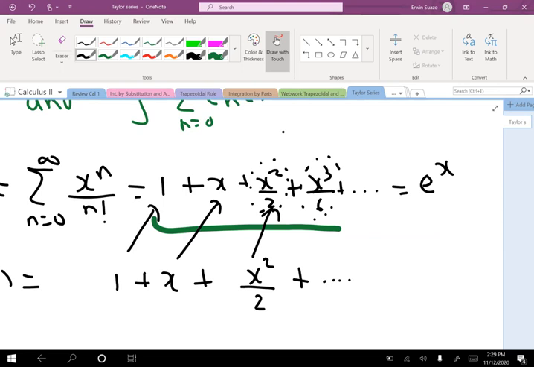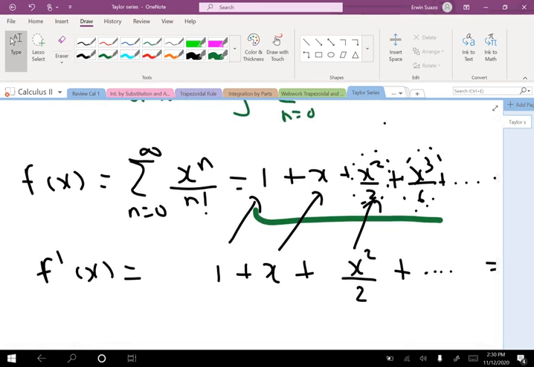So maybe my derivative is exactly the same as it has to be. So maybe this is the right process to find a derivative. So maybe the derivative of the series is just the derivative term by term of the series. Okay? And that's how beautiful it is.